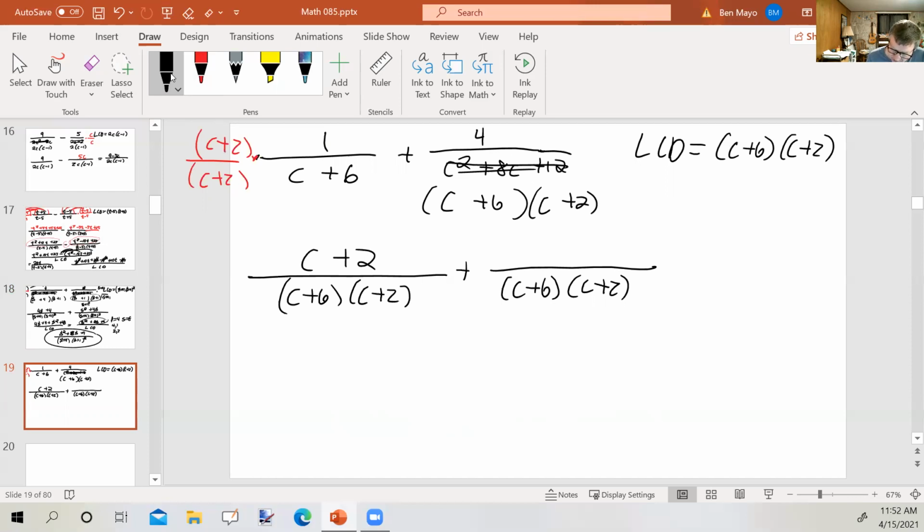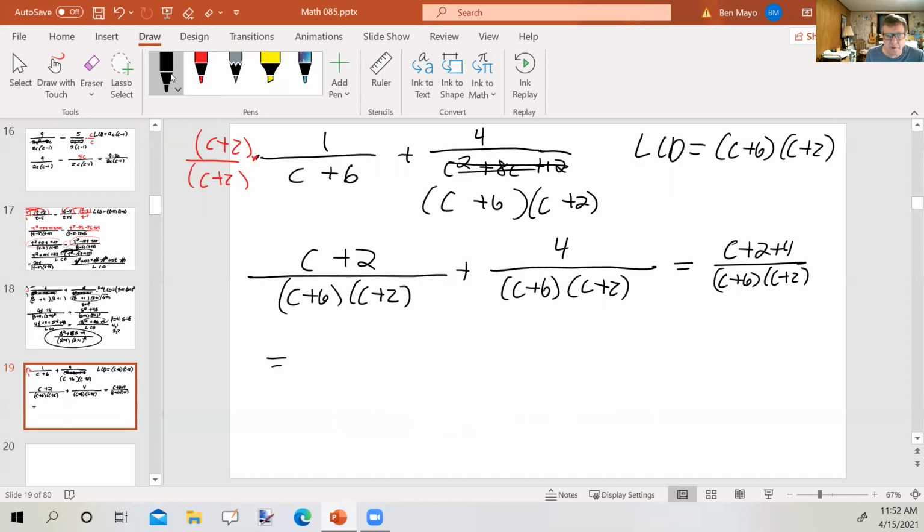The second fraction already has the least common denominator, so I'll just bring down the numerator as well. Adding the two fractions, I get c plus 2 plus 4 over c plus 6 times c plus 2.